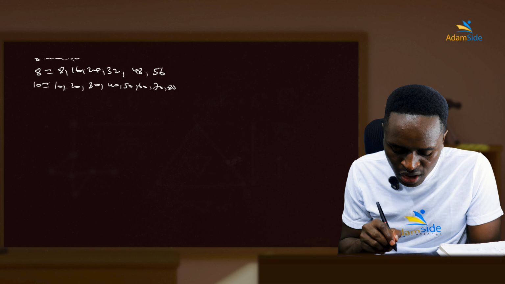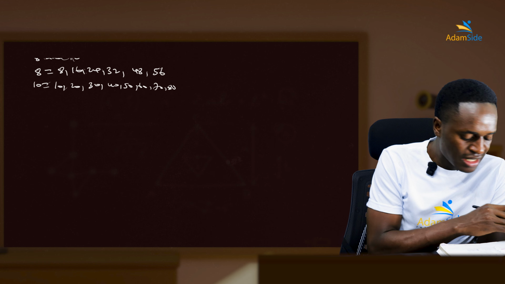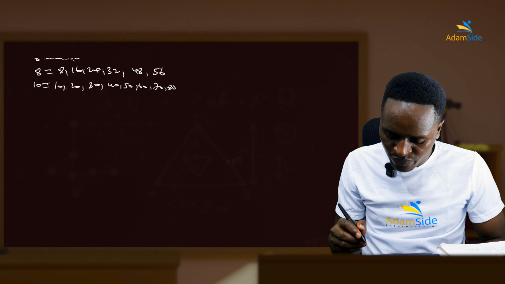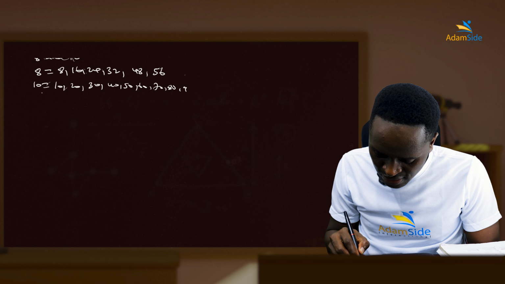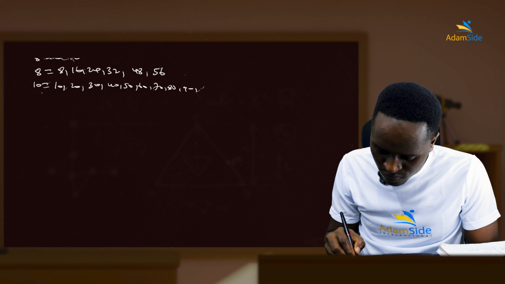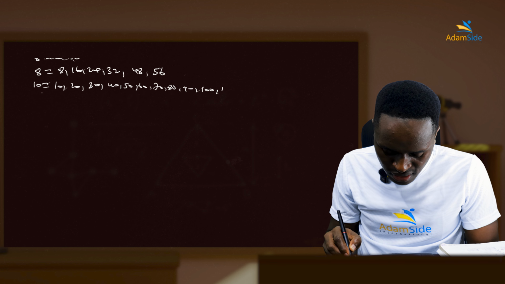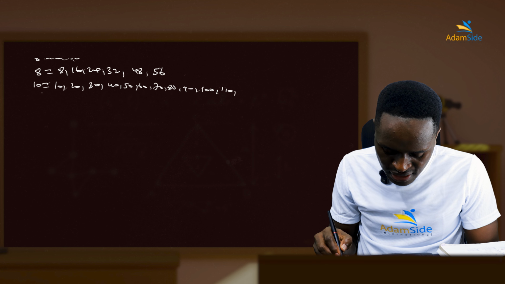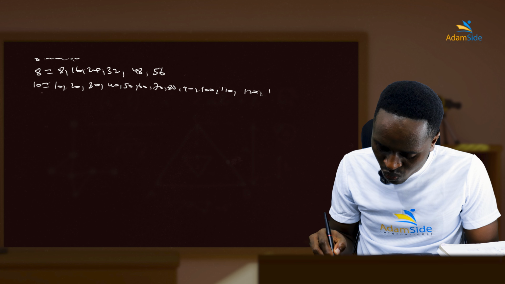So you need to find which one. We say find the least common multiple between 10 and 8. 70, 80, 90, then 100, 110, 120, 130.